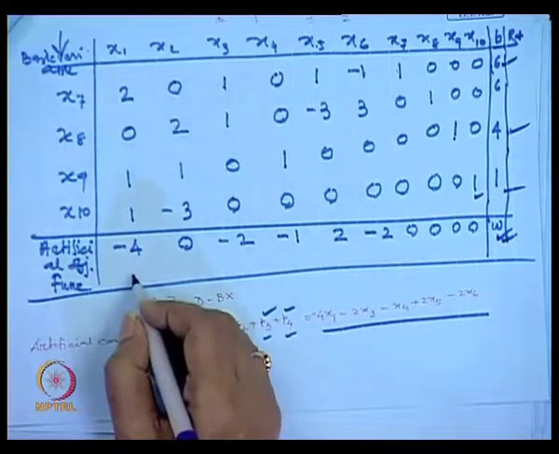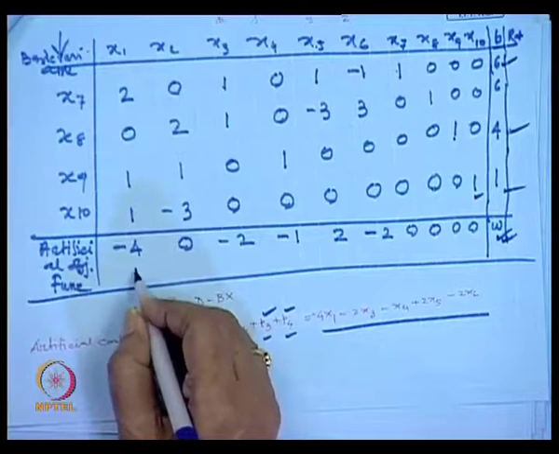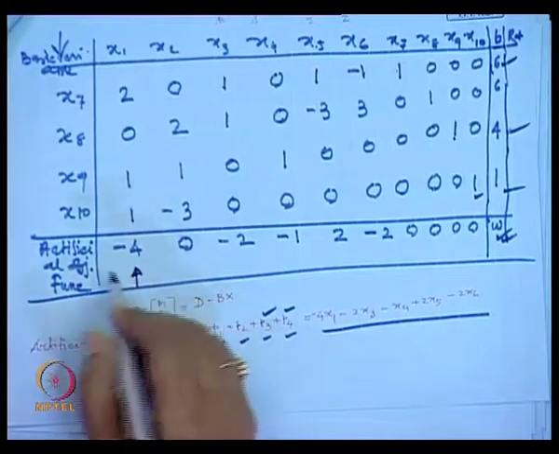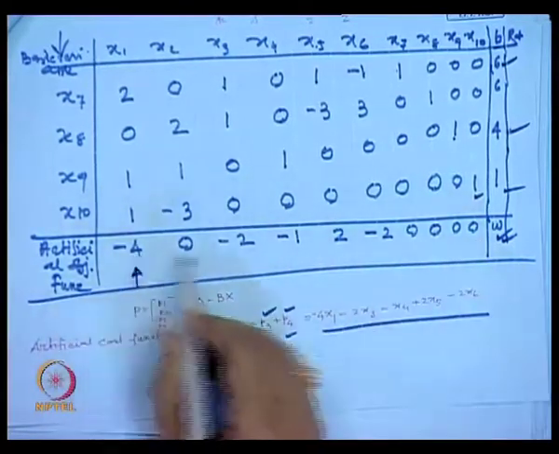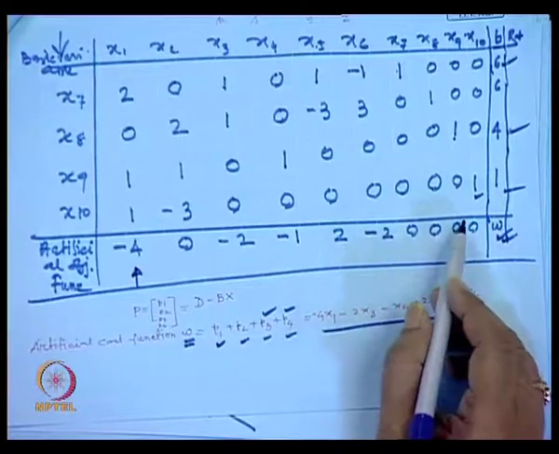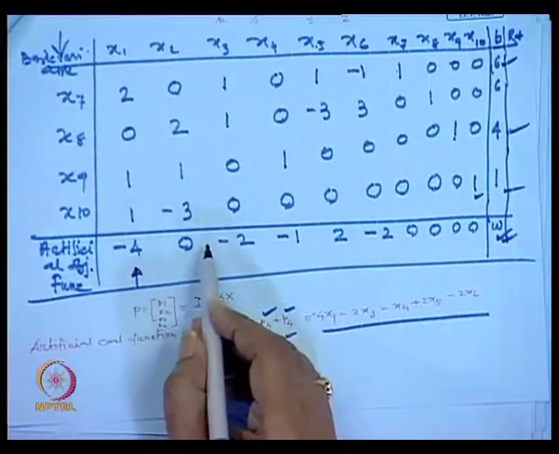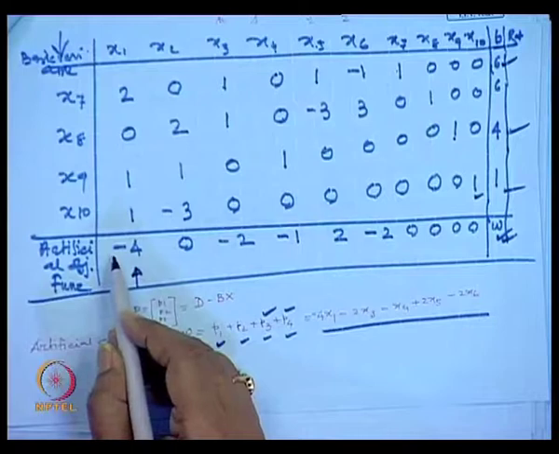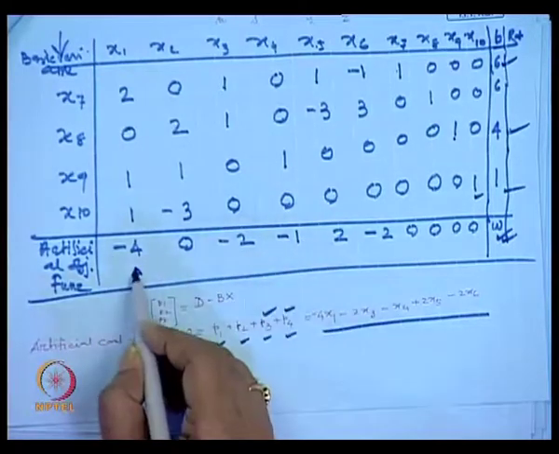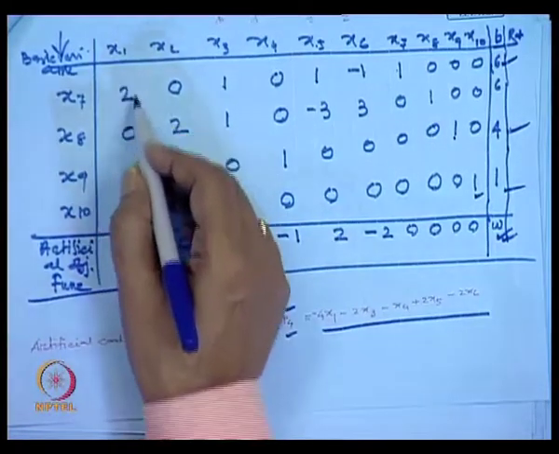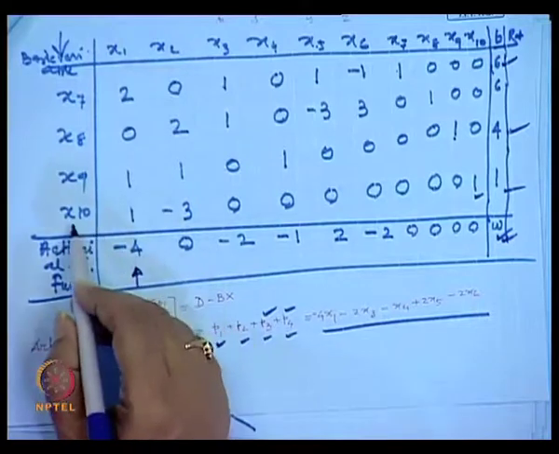So, the next step is to find the pivot column. You look for the maximum negative coefficient in the artificial objective function here. So, this column is the pivot column, and what is the pivot row?